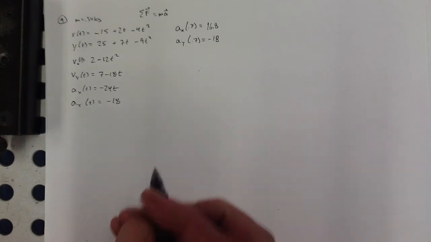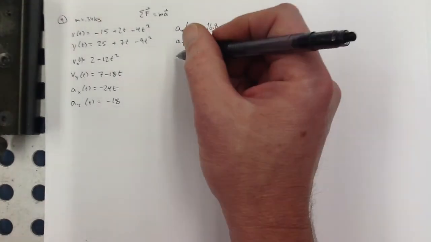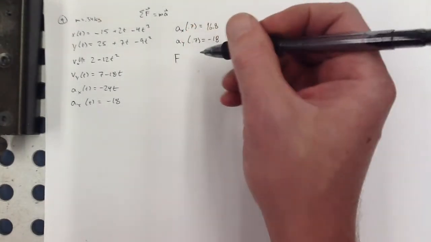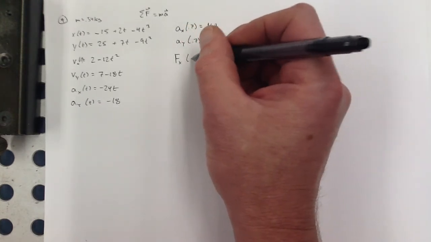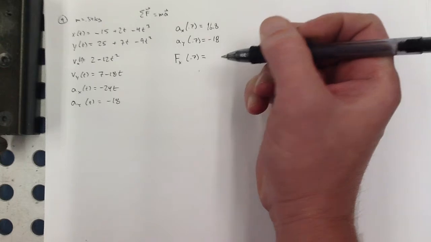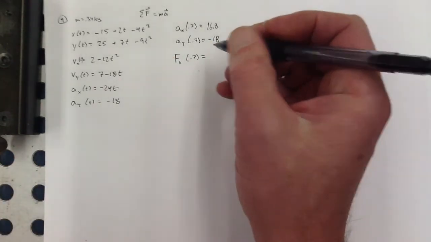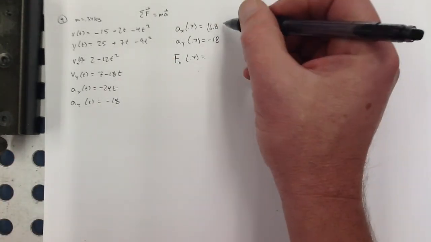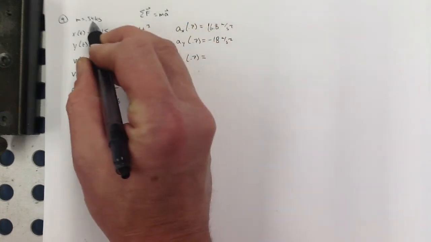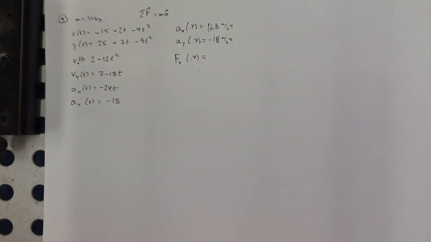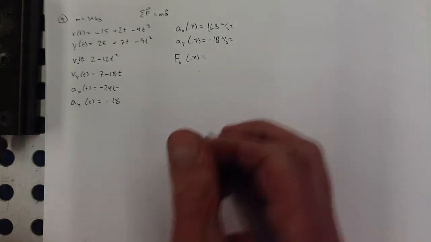Okay, so force equals mass times acceleration. So the components of the net force are these accelerations times the mass. So times 0.34.